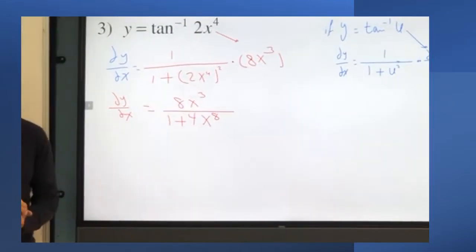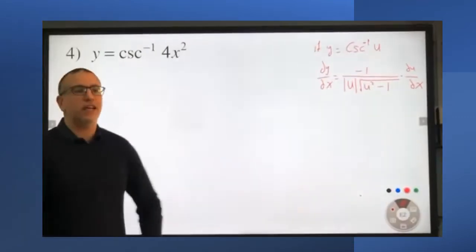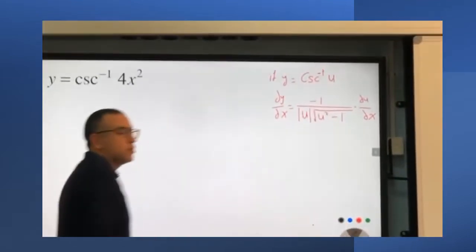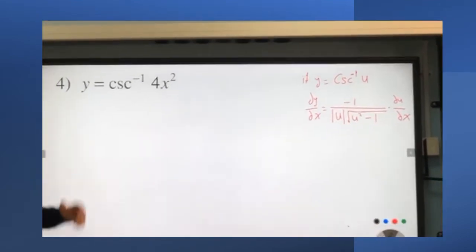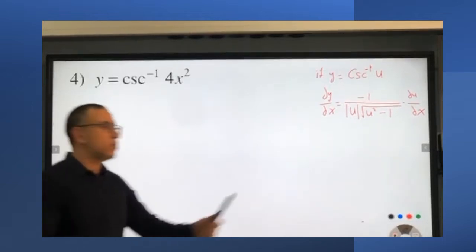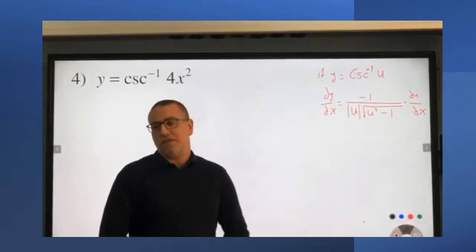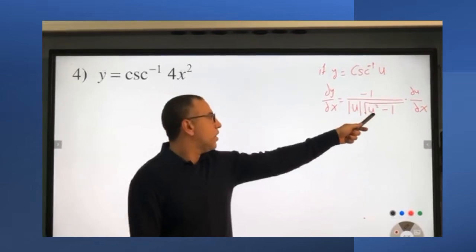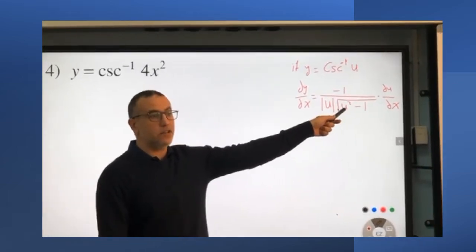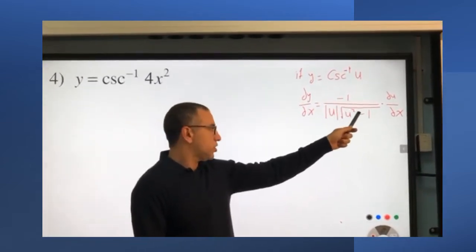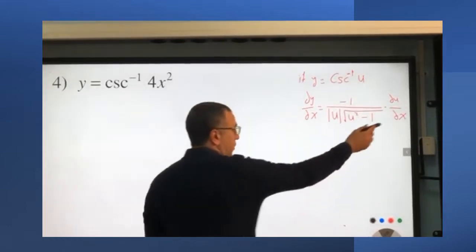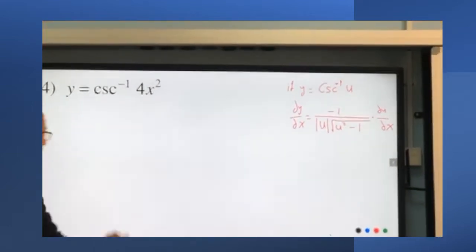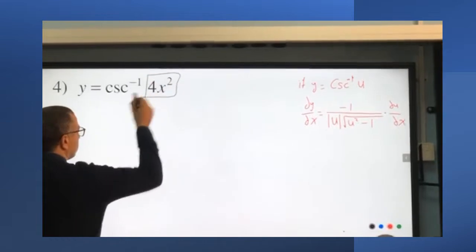The derivative of the inverse trigonometric function cosec inverse of 4x squared. And the rule is going to be given: the derivative of cosec power negative 1 is negative 1 over the absolute value of the function, multiplied by the square root of the function squared minus 1, multiply the derivative of the function. So here is u.